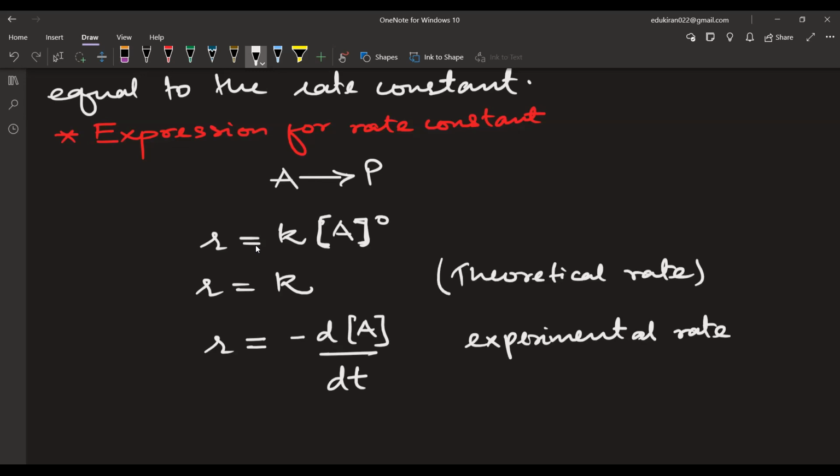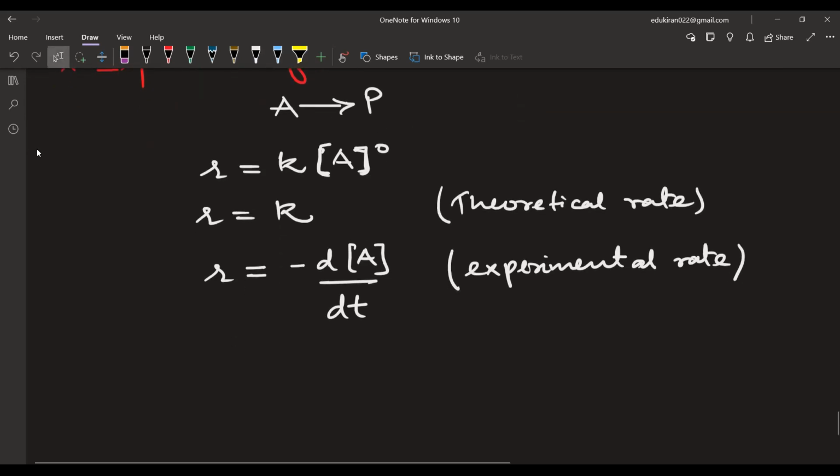But both of them will be equal. So now I can write an equation in which I equate minus dA upon dt, the change in concentration of A, to K.